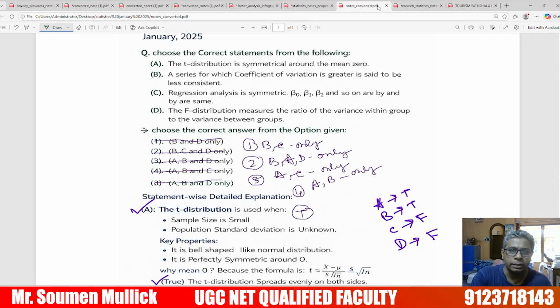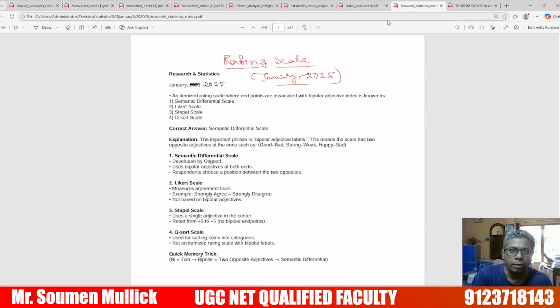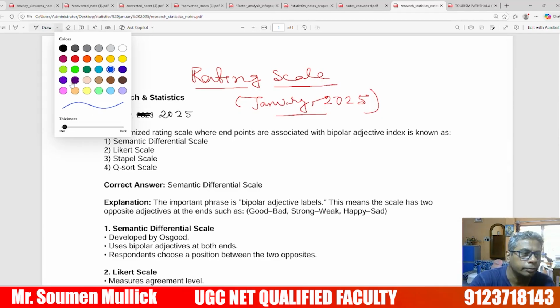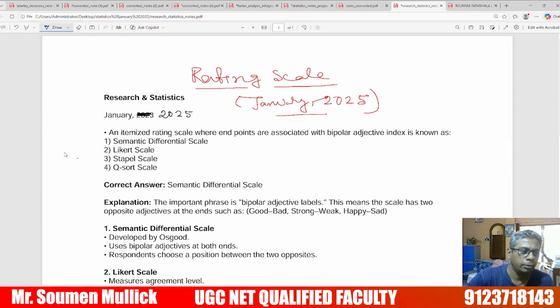Now we will move on to the next question. Our next question is based on this: an itemized rating scale where endpoints are associated with bipolar adjective index is known as: symmetric differential scale, Likert scale, staple scale, Q-sort scale.